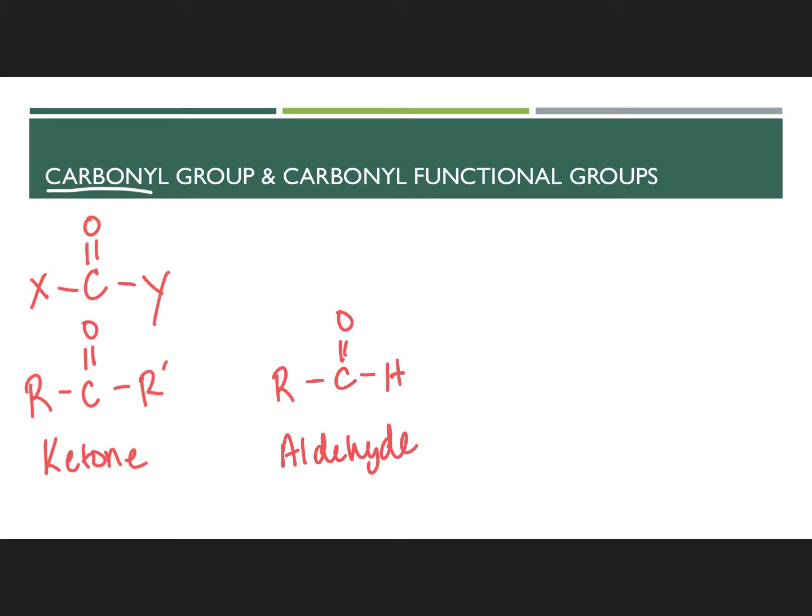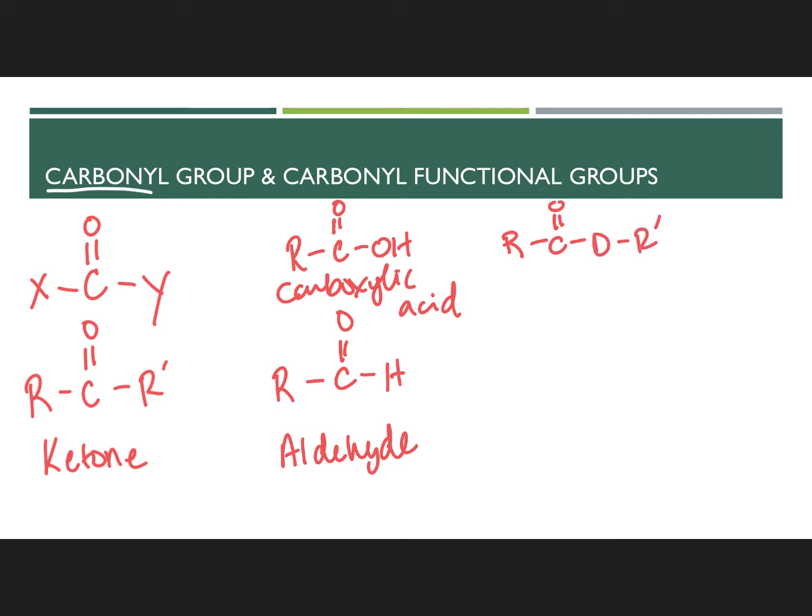A few of the other carbonyl functional groups that we have seen, we did talk about carboxylic acid, which we will see again this chapter. We also have an ester, where one side is an R group, the other side is an oxygen, and then another R group.